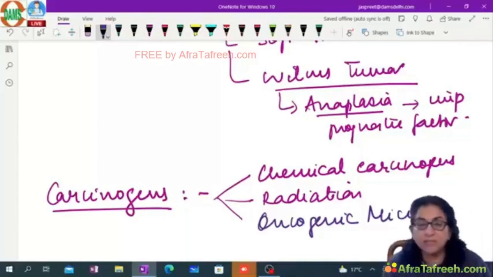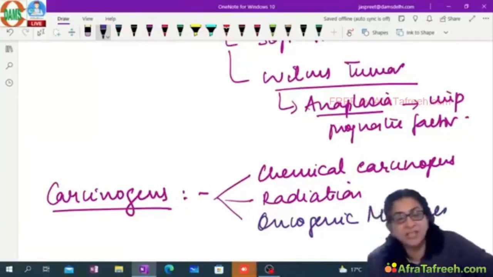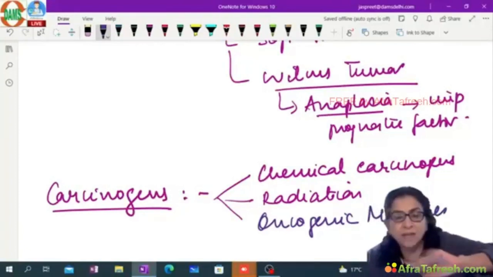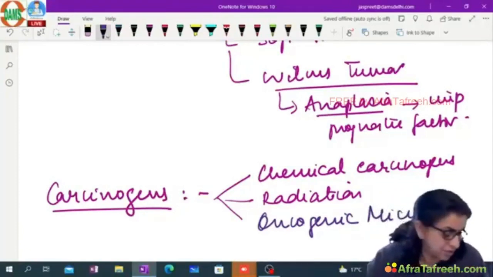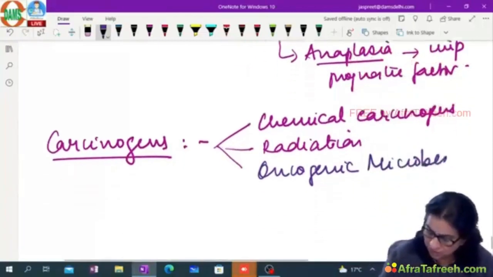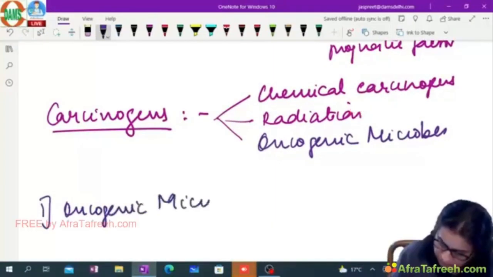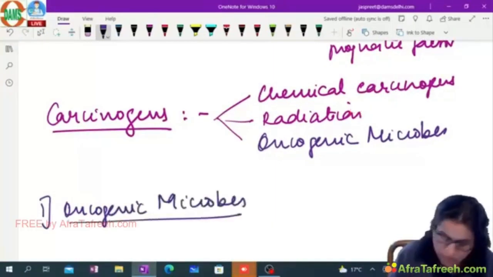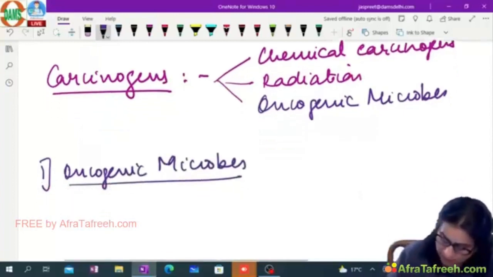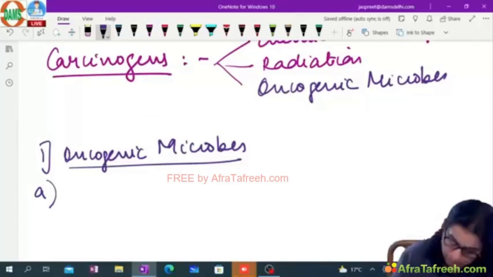Microbes can cause cancers, chemicals can cause cancers, and radiation like ultraviolet light or ionizing radiation can also cause cancer. Okay, first let us see names of a few oncogenic microbes, microbes that can cause cancer. Very important.